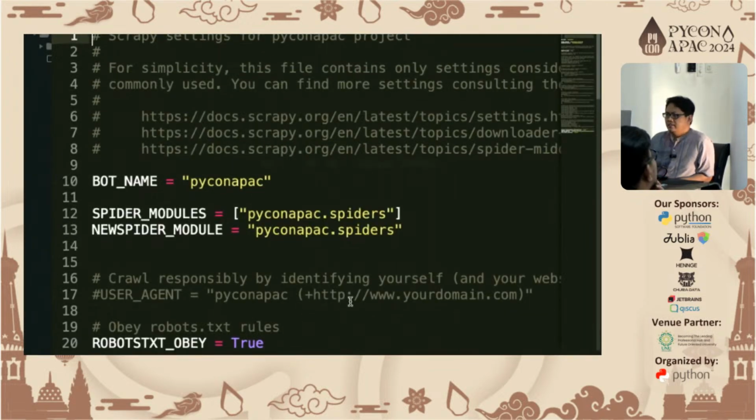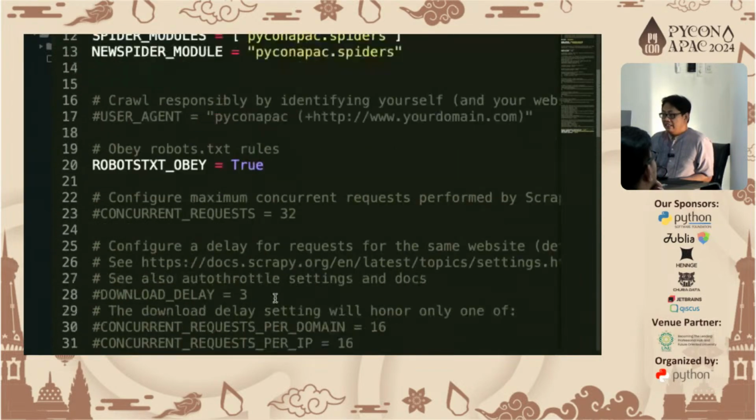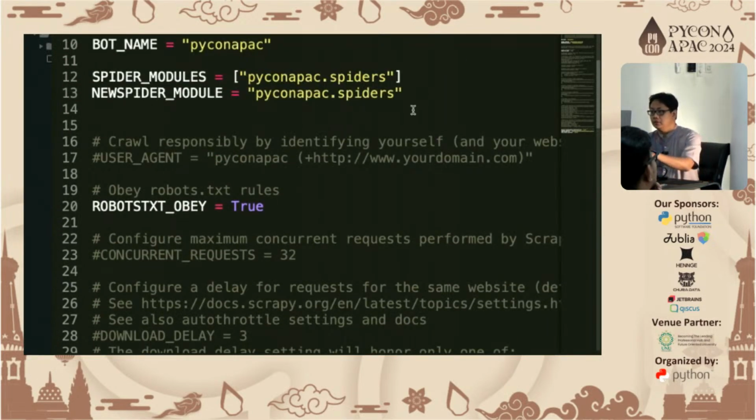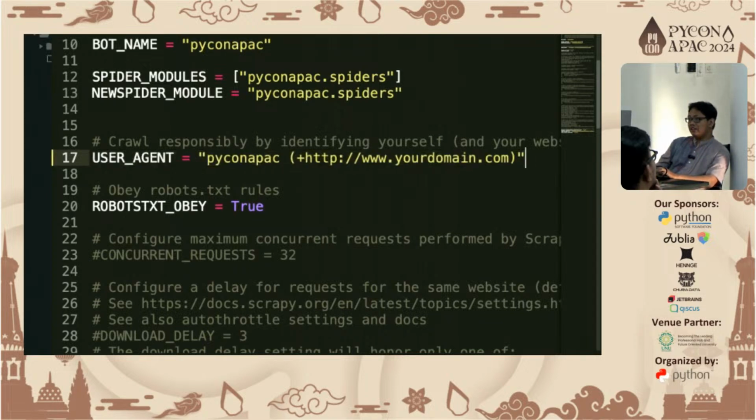You can see that Scrapy provides a setting here. This is one of the Scrapy settings. If you want to be very good people, you can identify yourself when you crawl, but at your own risk. You can get banned instantly if you identify yourself, because they will know who crawls the website. So it is more of an ethical question instead of a technical one. I hope that answers your question.